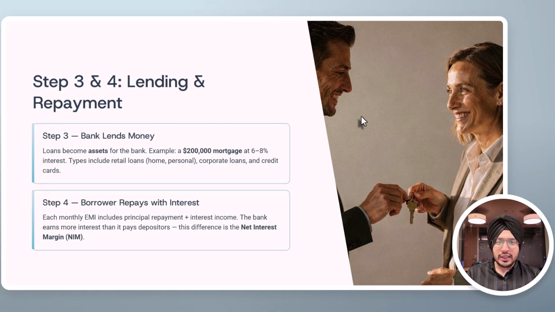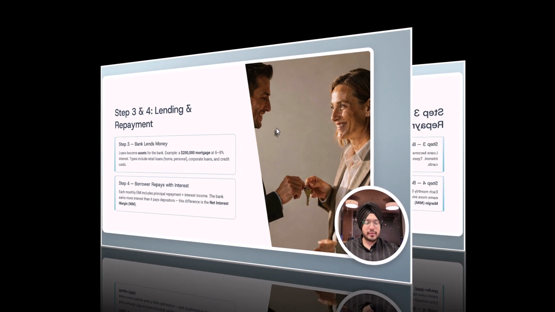And the difference between the interest that the bank will charge to the borrower minus the interest that the bank would need to pay to the customer is called the net interest margin, or NIM.